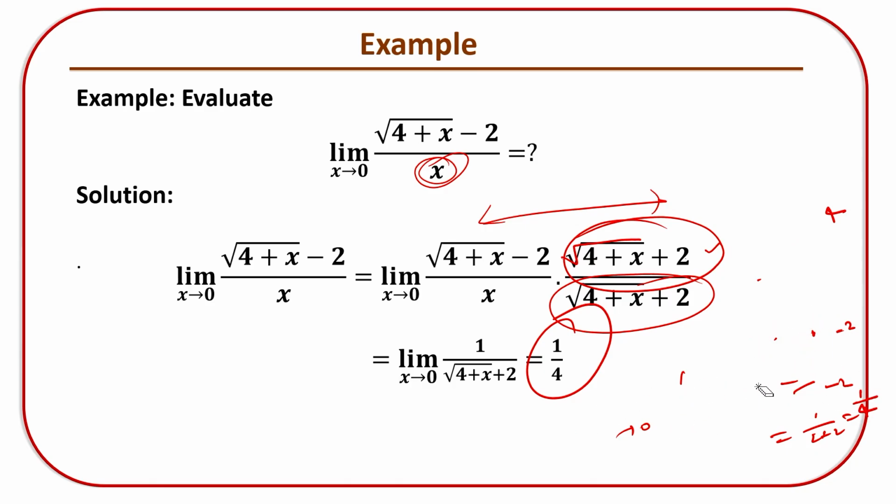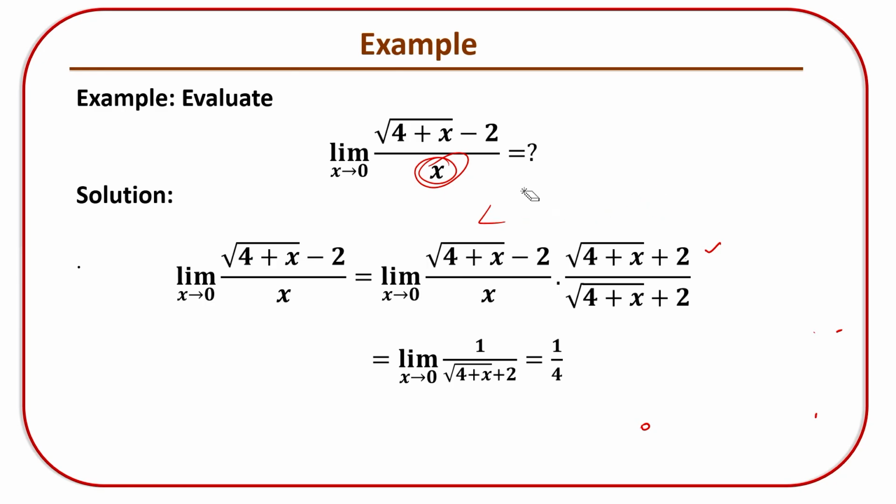If you have any question or any problem in evaluating this, let me give you some idea of how we can simplify this. If I put x equal to 0 here, this expression cannot be evaluated.